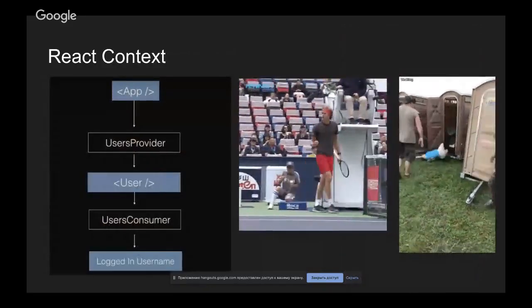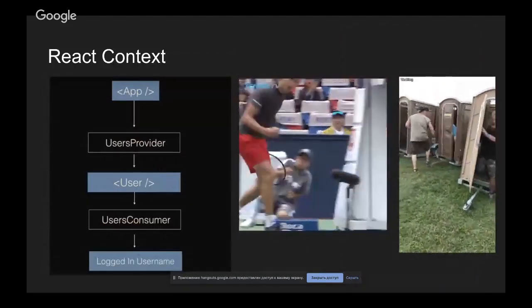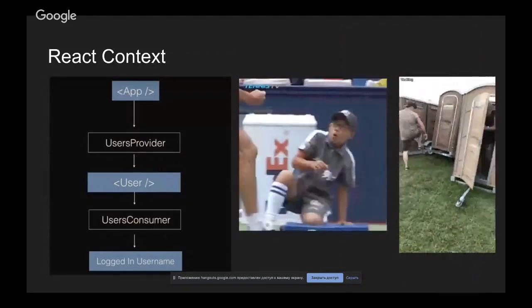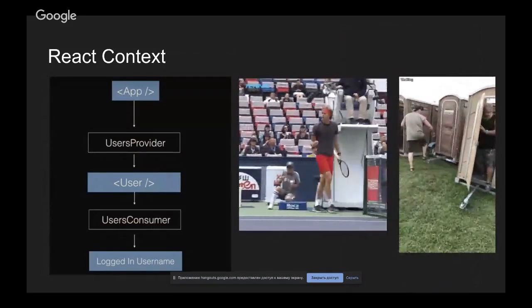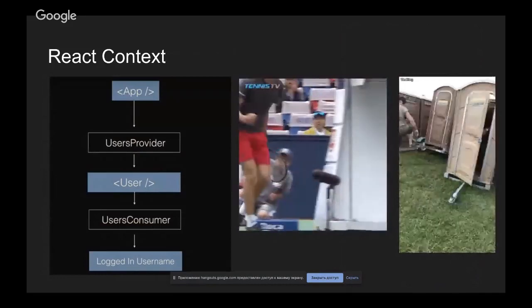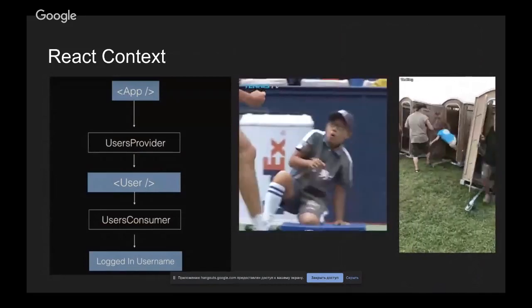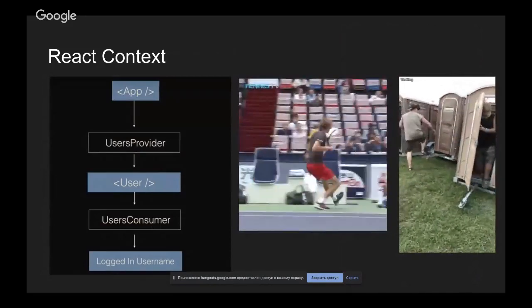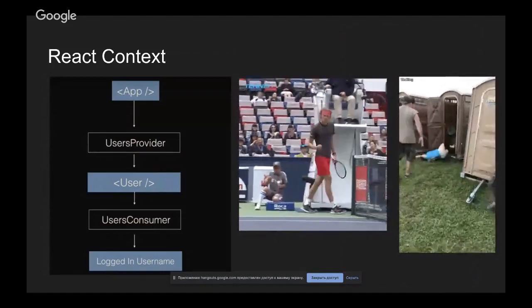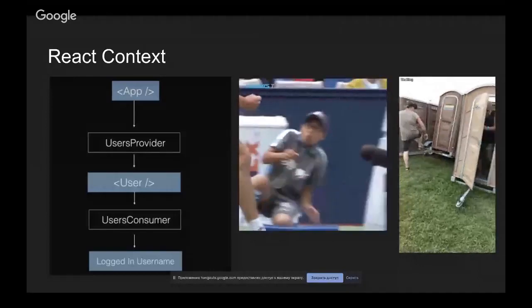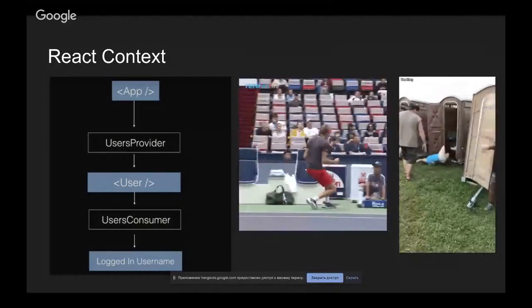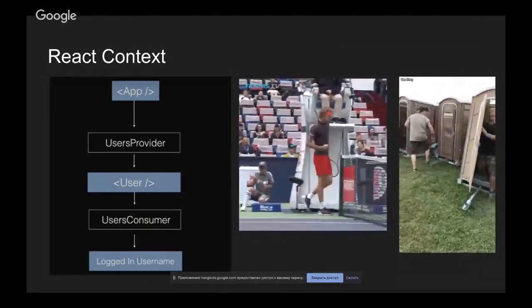React context allows us to define a provider that can contain data, or not data, or whatever we need, and provides us a consumer that can get data from the provider in components.